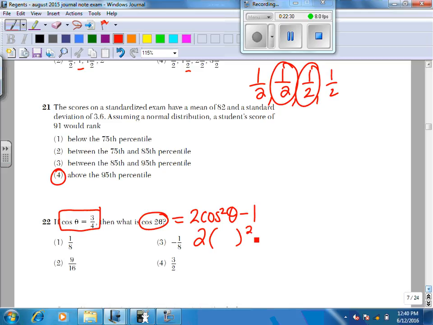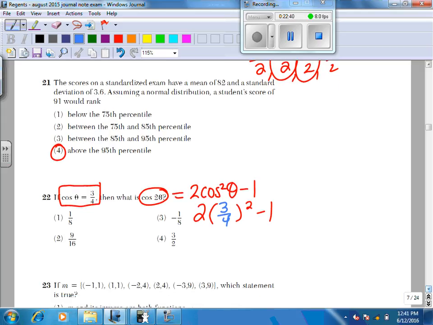Instead of 2 cosine squared minus 1, we can do 3/4. You should be able to do this by hand, but don't trust yourself. At least check your work on the calculator. 3/4 squared is 9/16. 2 times that is 18/16. Minus 1, which is 16/16. 2/16, which is 1/8. Okay.